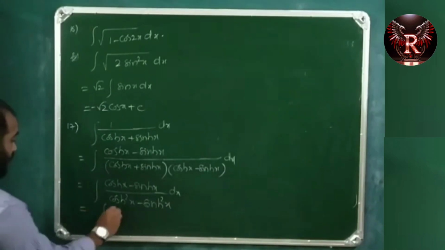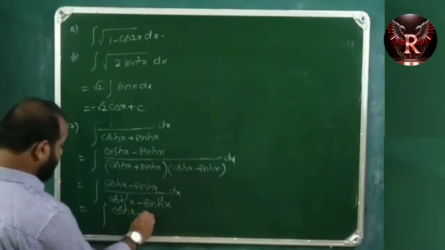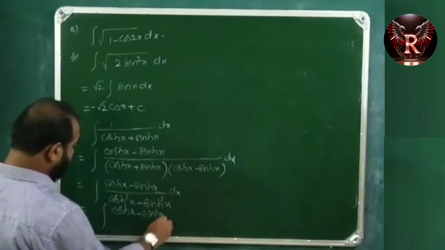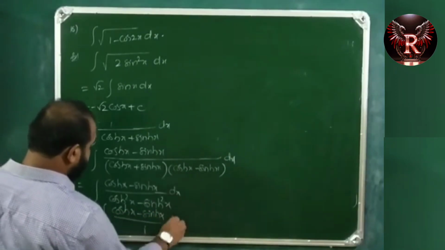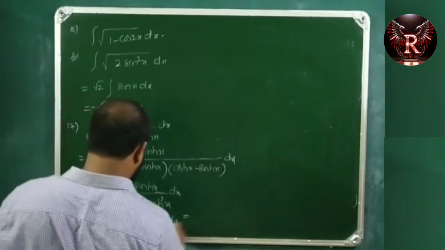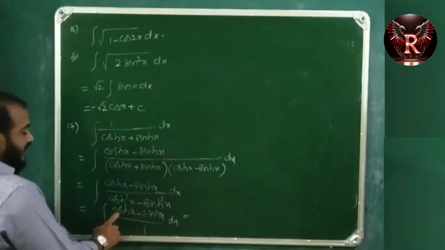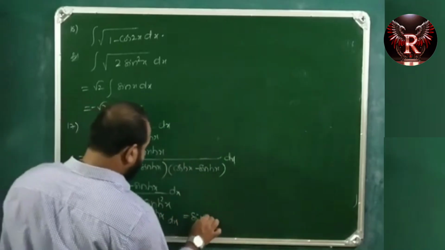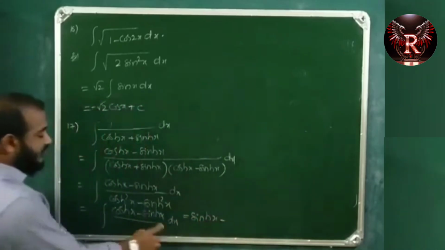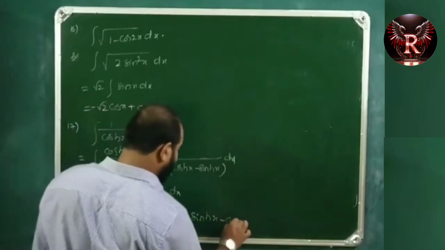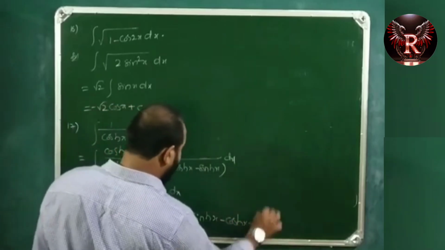So this is equal to cos hx minus sin hx by 1 dx. Therefore this is integral cos hx dx is sin hx minus integral sin hx dx is cos hx plus constant of integration c.